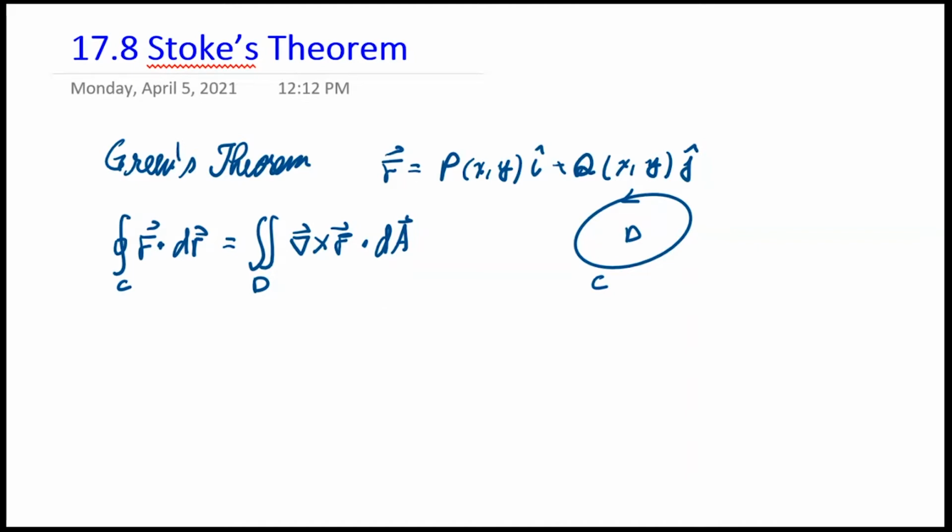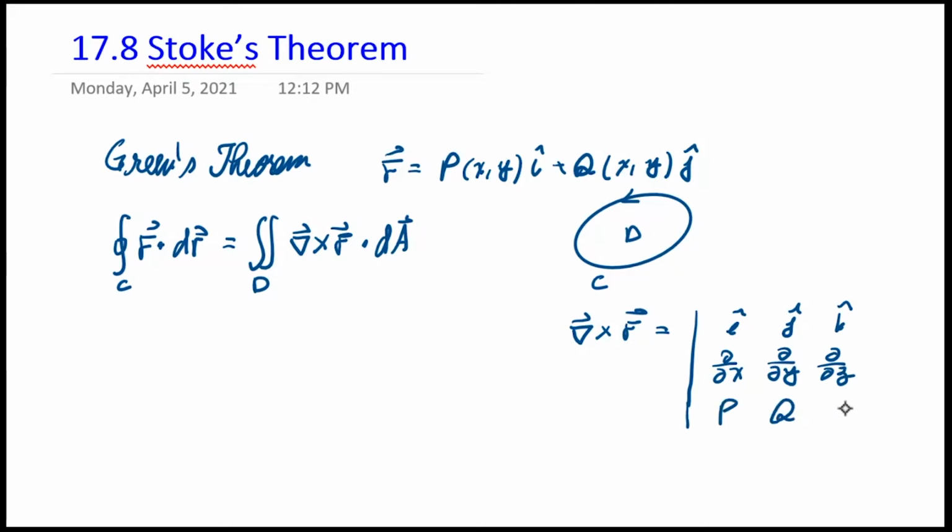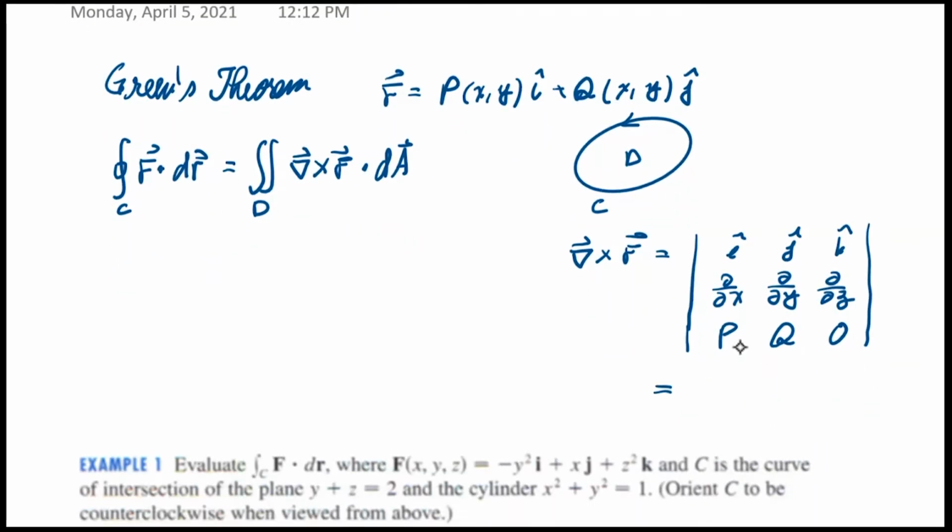So I might as well review what the cross product of this looks like. If we take the curl of F, it looked like this: I, J, K, and then we have partial derivative with respect to X, with respect to Y, with respect to Z. Although your book never talks about the Z component, I thought this was more convenient to have it like this. And then this is 0. So for the I component, 0, 0, so you have 0.